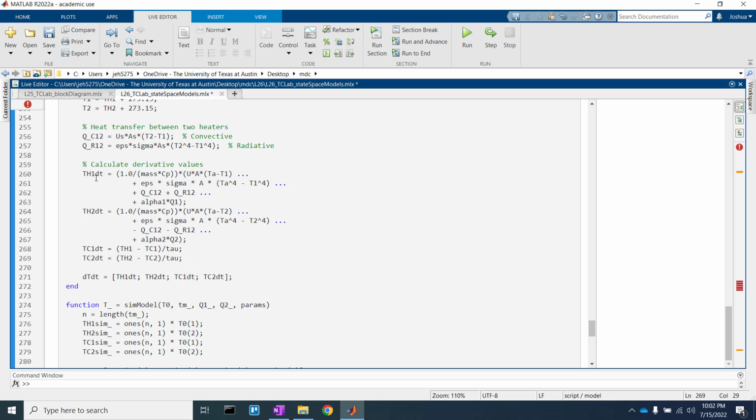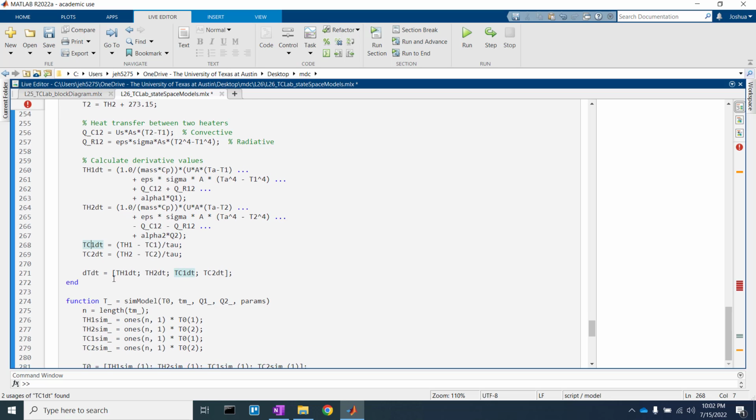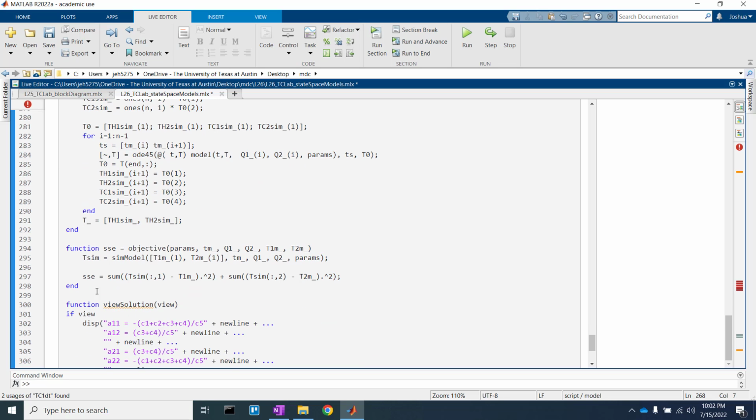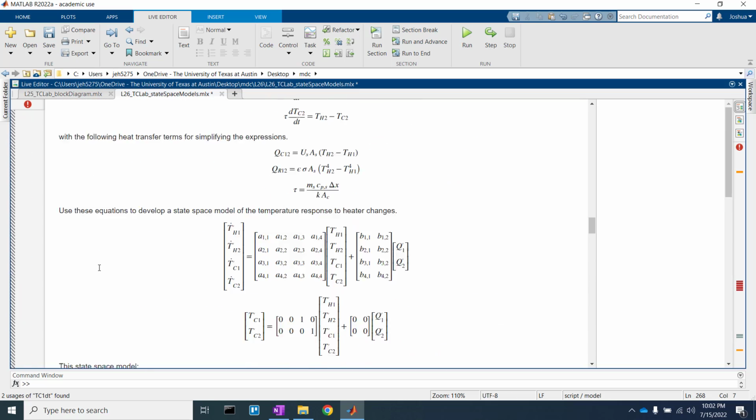We have derivatives of T1 and the heaters and the sensors, which depend on the heaters. So we have a second order system. We return the derivatives. Then we have a function to simulate that model. We've done this before. And then our objective function compares our simulated model's data to the measured data. And then we try to minimize the sum squared error between the two.